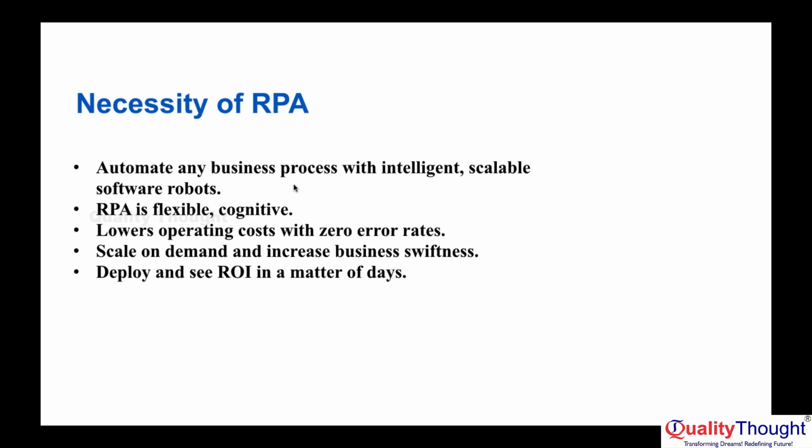So what is scale on demand? If you have human people doing the work there, and you have to scale your business process. For example, if you have 10 people sitting and doing a simple task, and currently you have a business requirement where you want to double up your speed, in that case it would take a huge effort for you to find the right persons, get them trained and get them back to work, to scale your business to double, right?